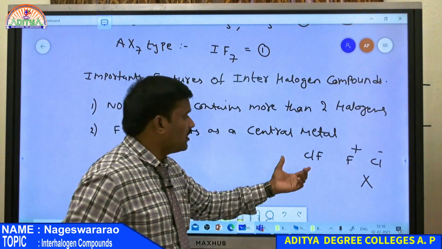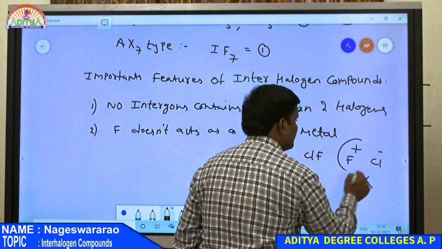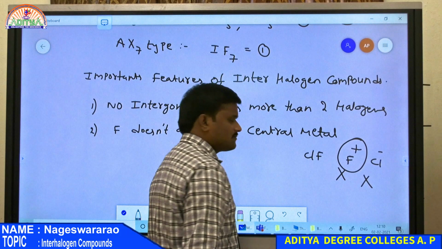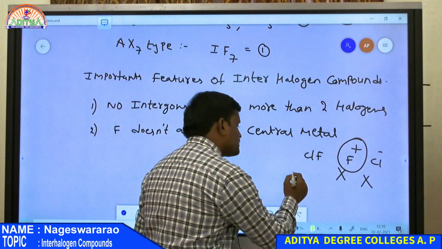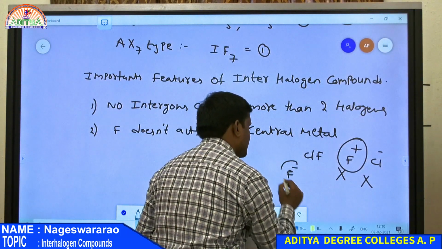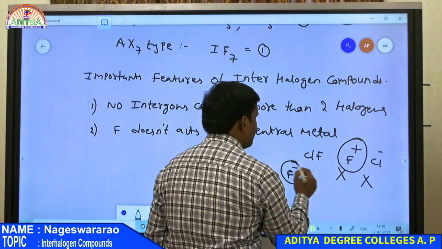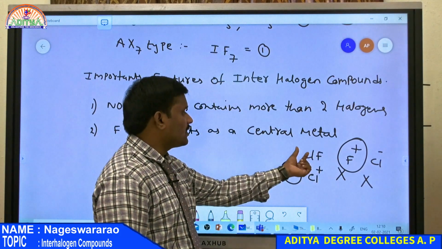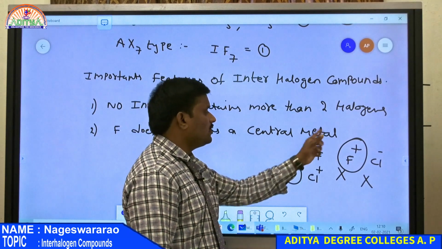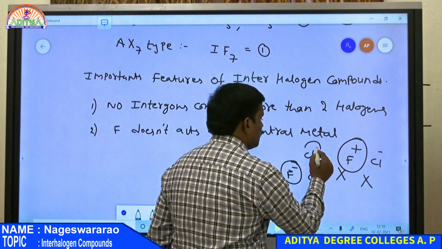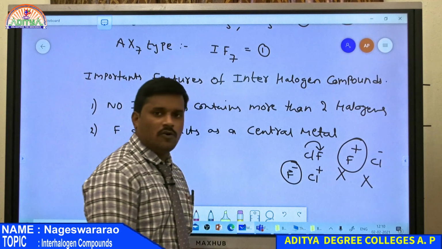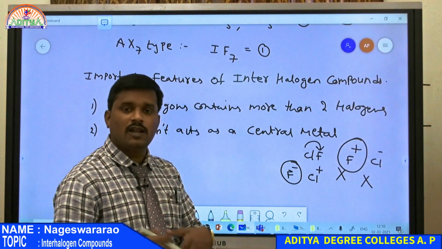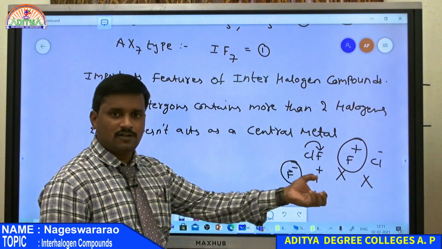It means fluorine never behaves as F plus. It is always F minus, so here it is F minus as well as Cl plus. One electron is transferred from chlorine to fluorine, because fluorine is more electronegative and attracts electrons towards itself.